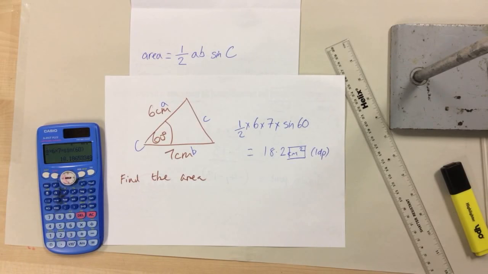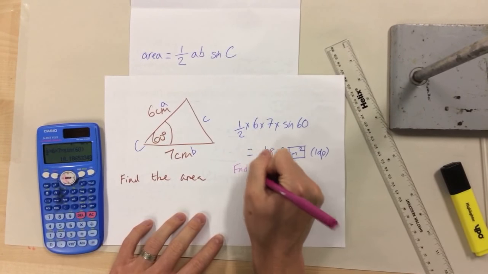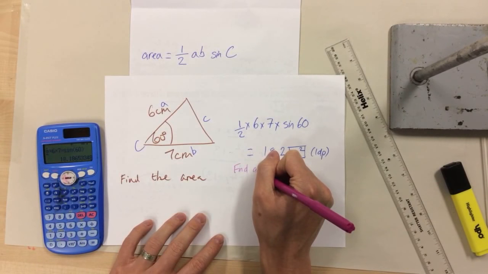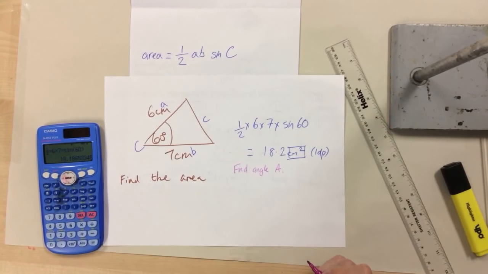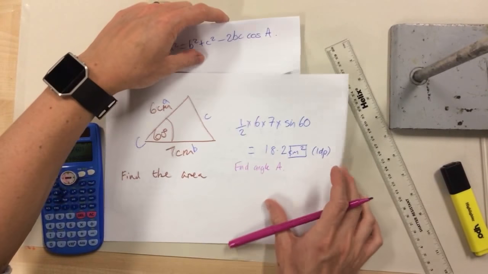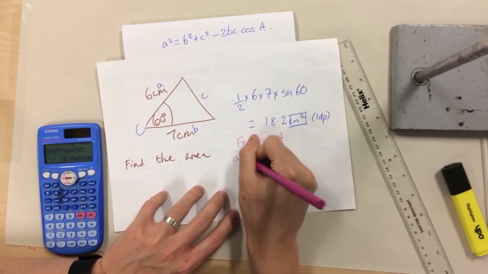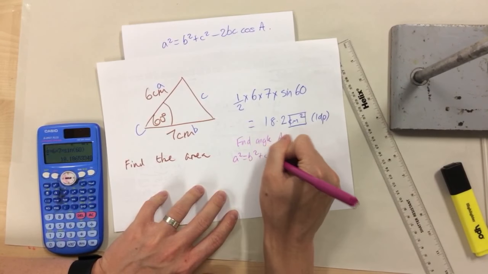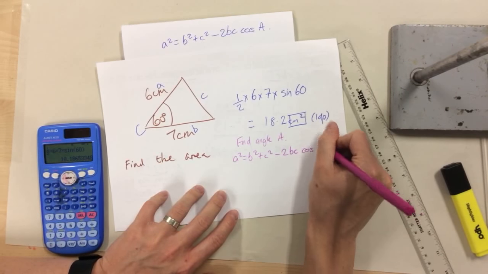You could also be asked to find angle A. Do you remember the second formula, or do you rearrange it? I rearranged it. Yeah, I remember one version of the formula. So we've got a squared equals b squared plus c squared minus 2bc cos a.